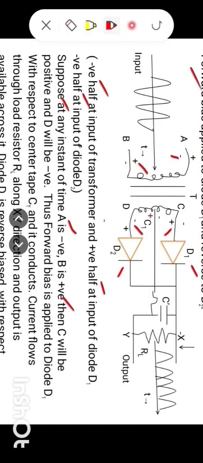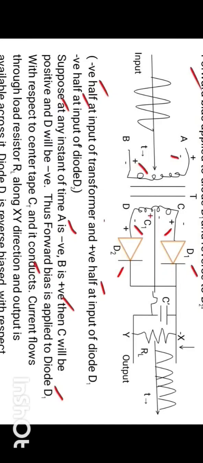Thus forward bias is applied to diode D1. Then C1 will be negative with respect to C and C1 will be positive with respect to D. Thus forward bias is applied to diode D1 with respect to center tap C1 and it conducts.